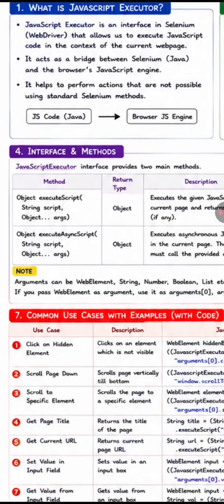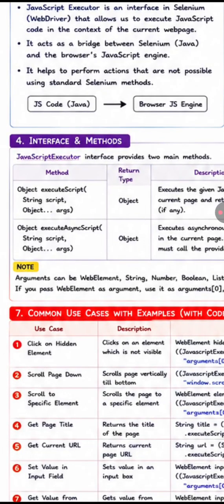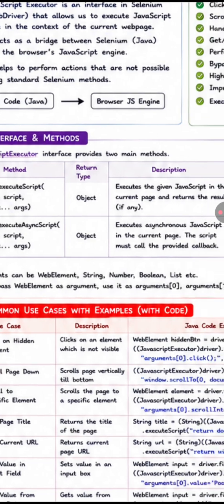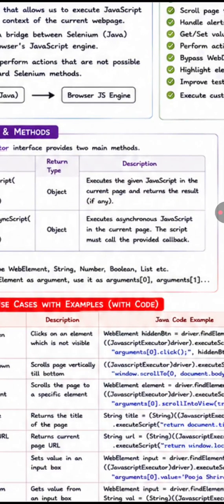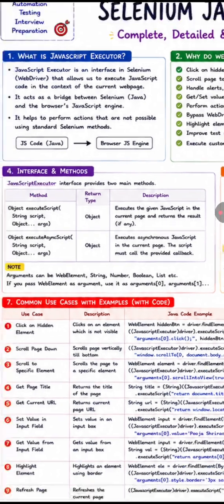So this is the interface and the methods. The JavaScript Executor interface provides two main methods. One is execute script and another is execute asynchronous script. Execute script executes the given JavaScript in the current page and returns the result. Asynchronous means it executes asynchronous JavaScript in the current page and the script must call the provided callback.